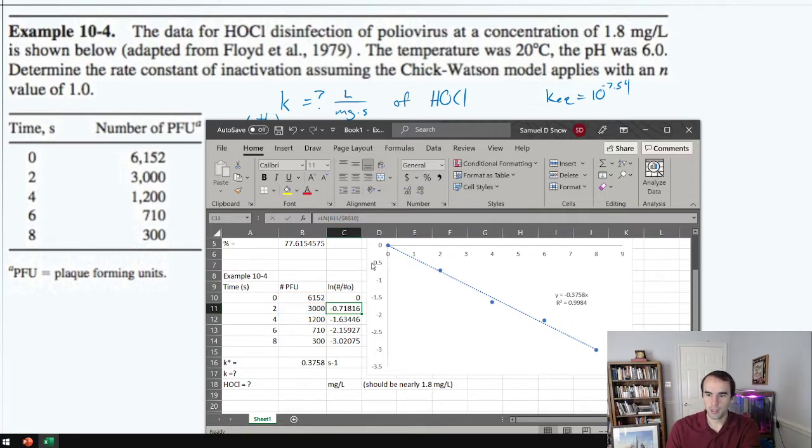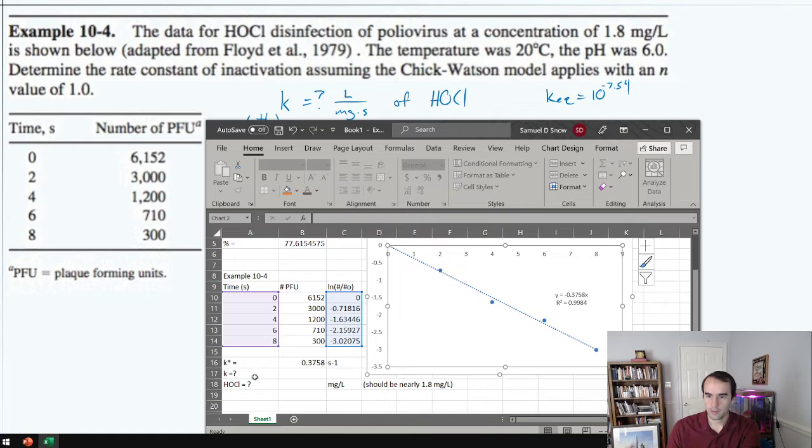Okay, so then I plotted the result of that, the natural log of numbers versus time, and got this linear plot, and took a regression of that.